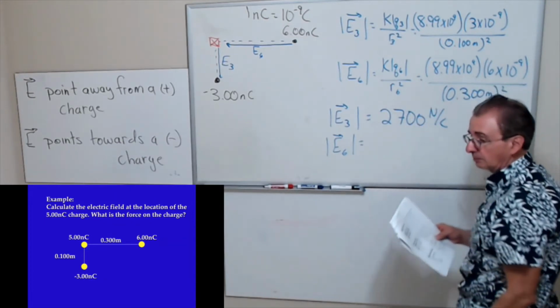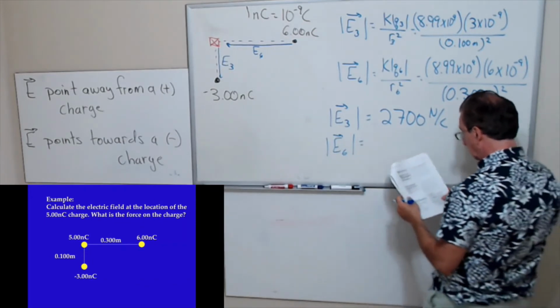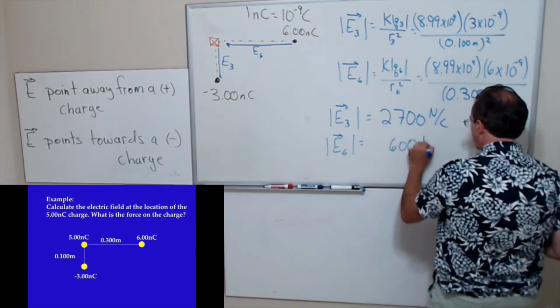The magnitude of E3 is 2,700 newtons per coulomb, and the magnitude of E6 is 600 newtons per coulomb.